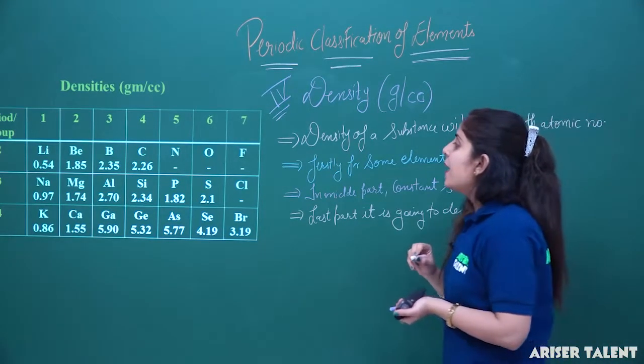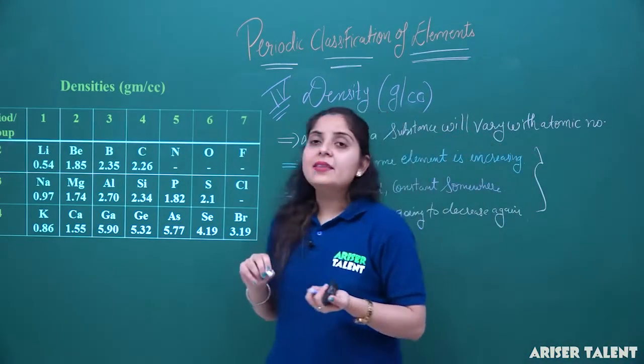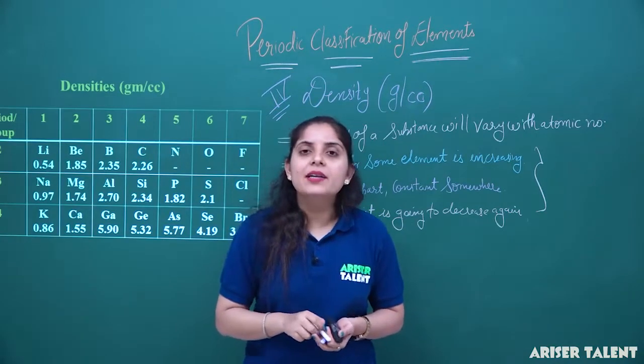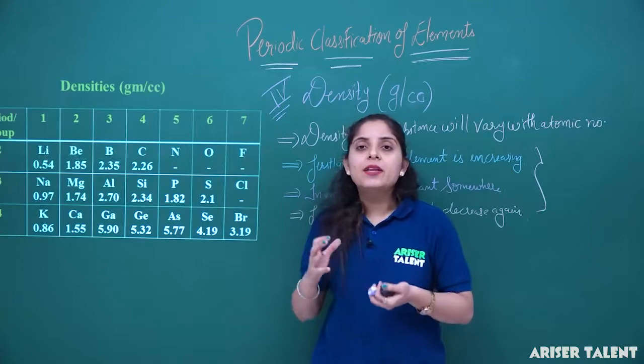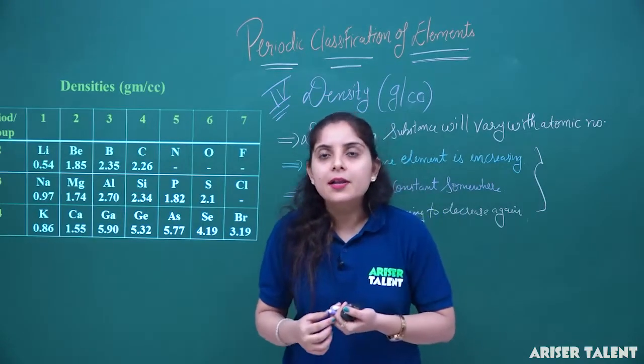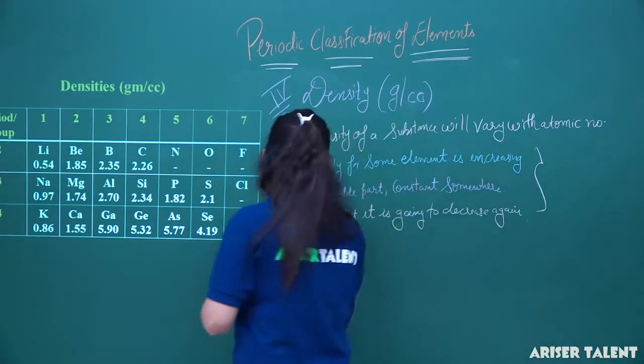Now you can see that for the liquid state, mercury has a density of 13.6 gram per cc, which is a very much greater density in the case of liquids. So we have one more note here.